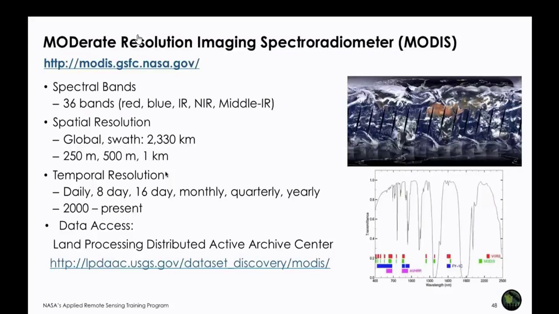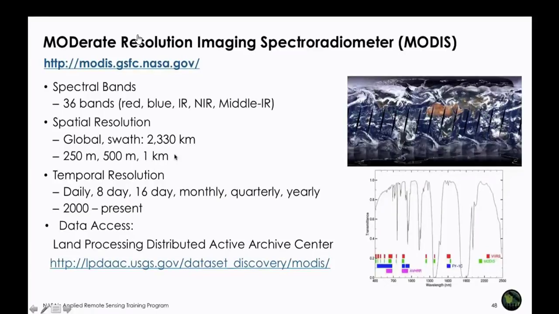So the sensor that we are going to talk about for monitoring storm is MODIS. There are many spectral bands, 36, ranging from visible to near infrared to middle infrared. And they all help look at different parts of the atmosphere and surface. Depending on the spectral band, the resolution can vary from 250 meter, 500 meter, and 1 kilometer.